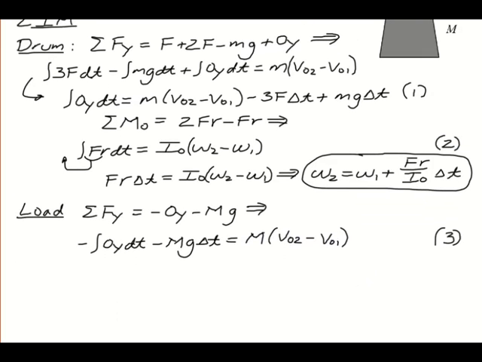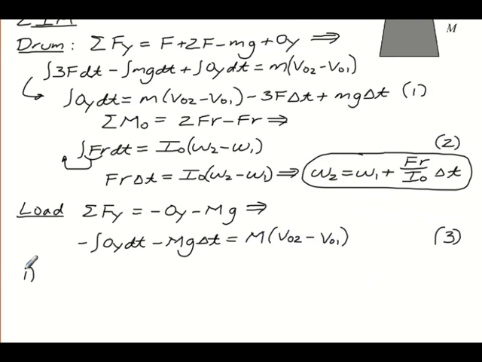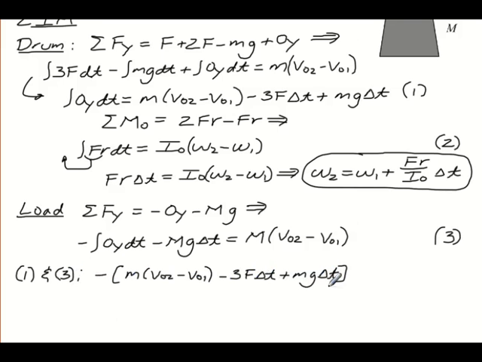If I substitute 1 into 3, that gives me minus M(VO2 minus VO1) minus 3F delta T plus mg delta T. And then I have a minus big Mg delta T. And that's equal to the change in linear momentum there on the right-hand side for that load.